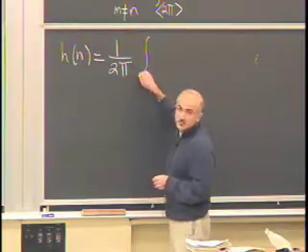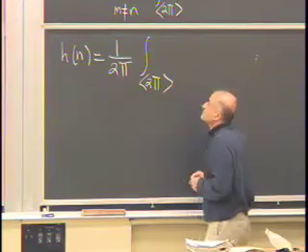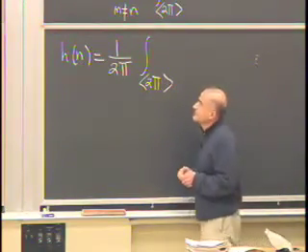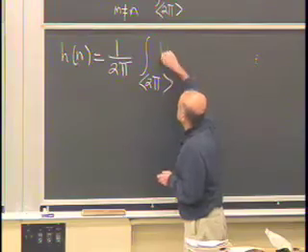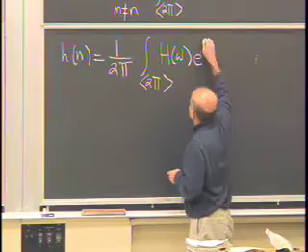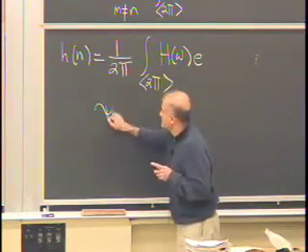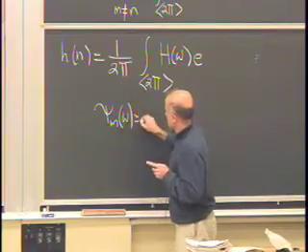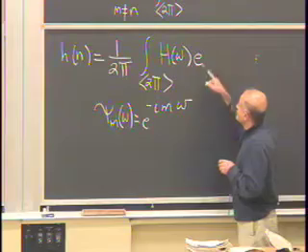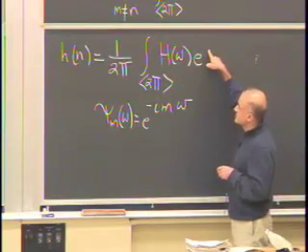That's integral over 2 pi of what? H of omega. Negative or positive? Remember, Cm of omega is e to the minus I m omega, or I omega m. So what goes here?